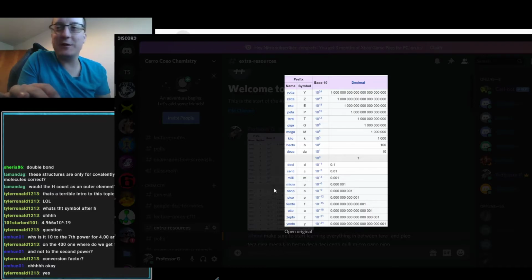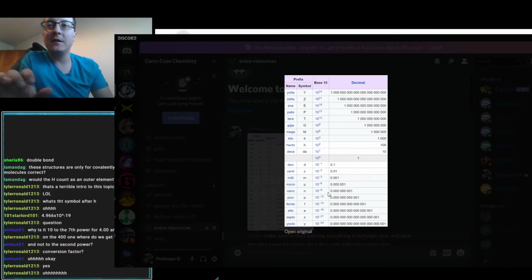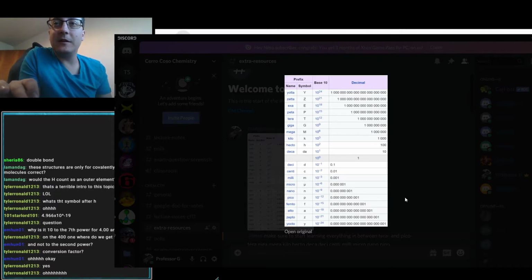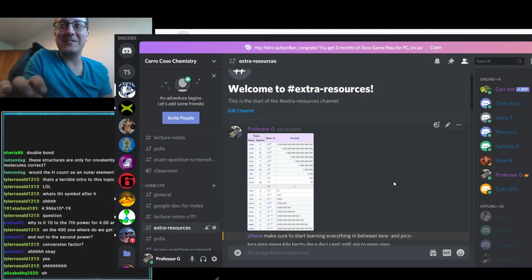Don't forget your metric prefixes. Nano is there with the 10 to the minus 9. It may not have been clear that I was talking about nanometers, so there is where I got that 10 to the minus 9 from. It seems everybody has forgotten their metric prefixes. That's not okay, but it's kind of okay.